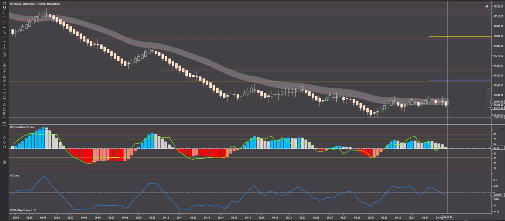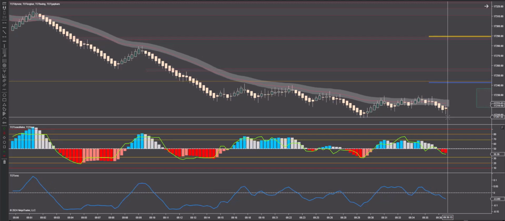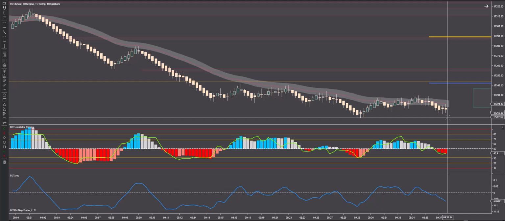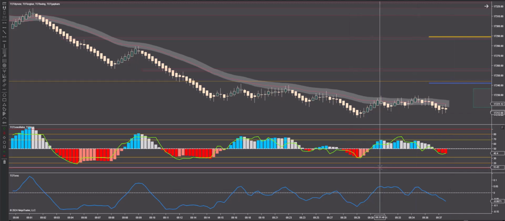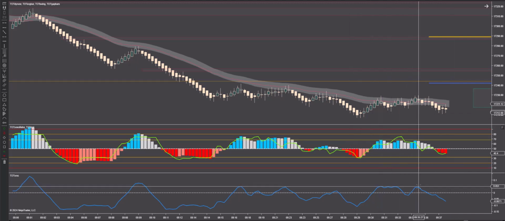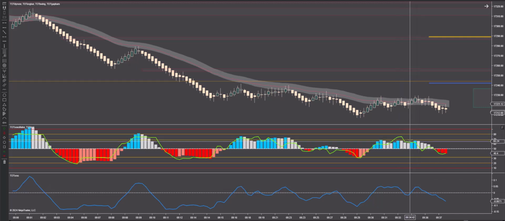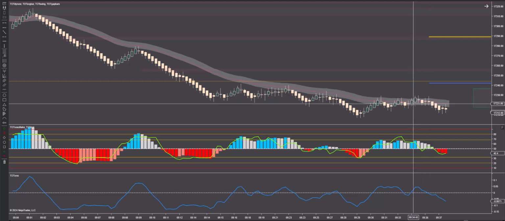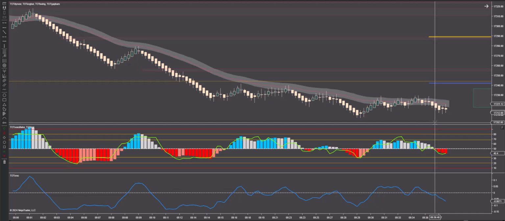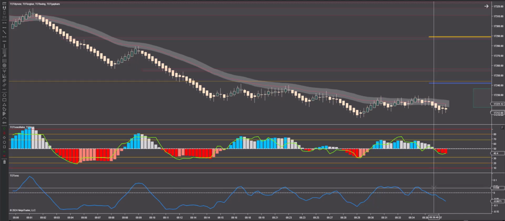So again, there's divergence in the ROC, there's divergence in the RIMI. So all this is divergent to sell. So not to say that you want to sell, because I guess this crosses down, but look at our XROC was pointing up here.